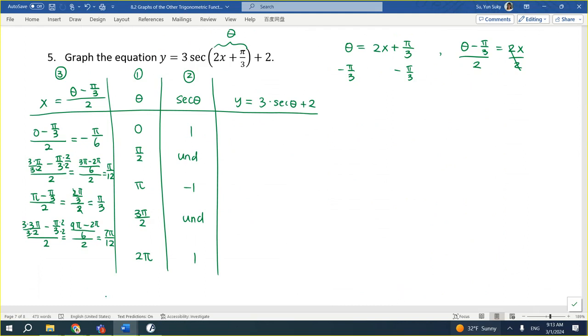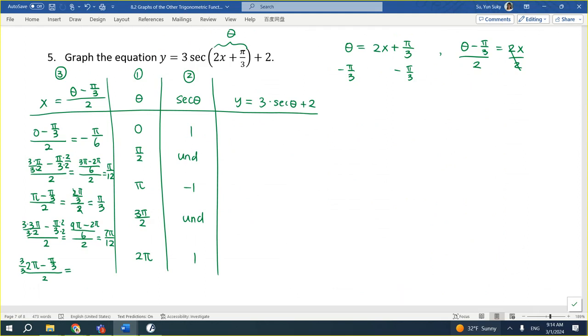Okay, and next, 2 pi minus pi over 3, over 2. What is 2 pi minus pi over 3? 2 pi is what? The common denominator is 3.